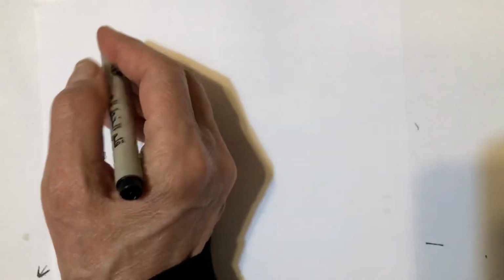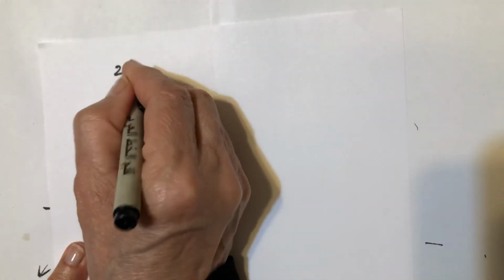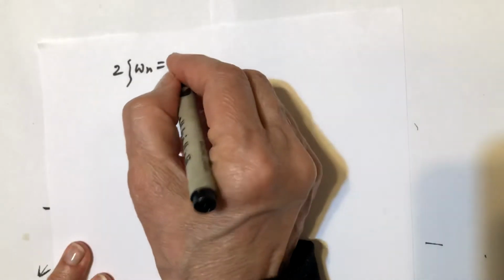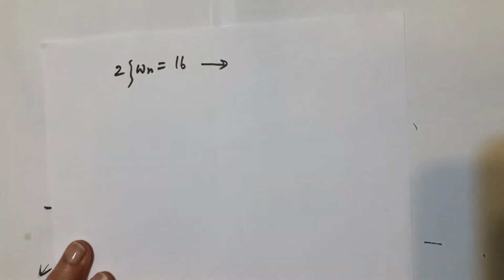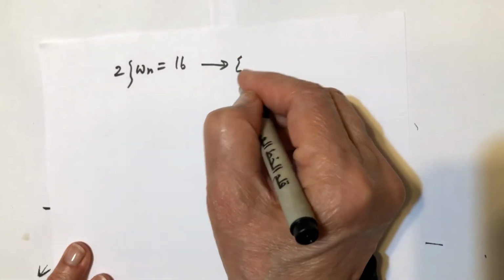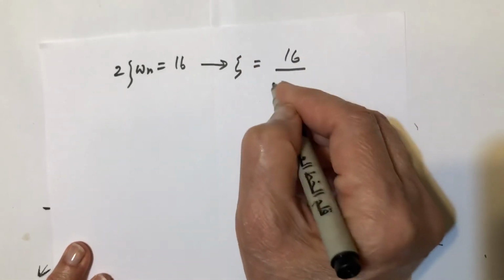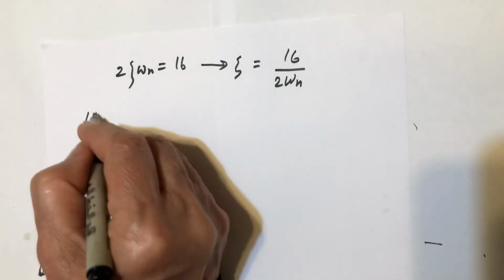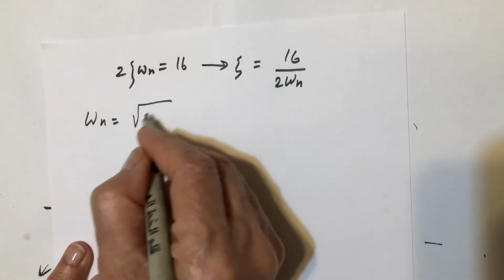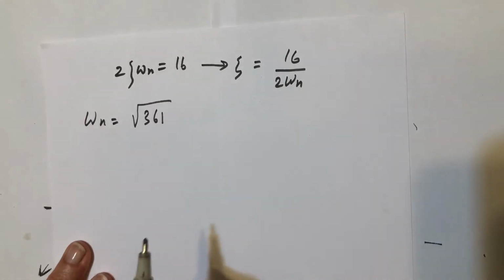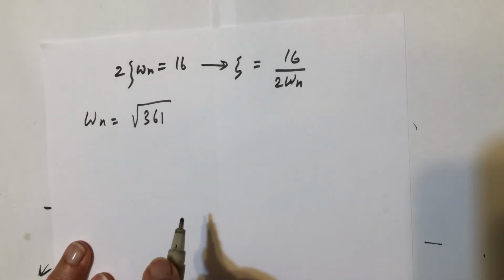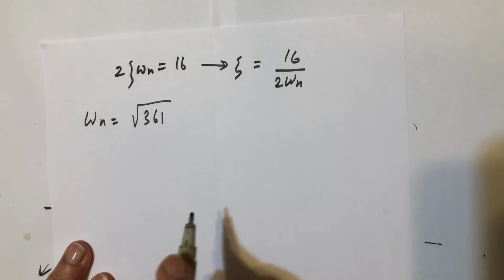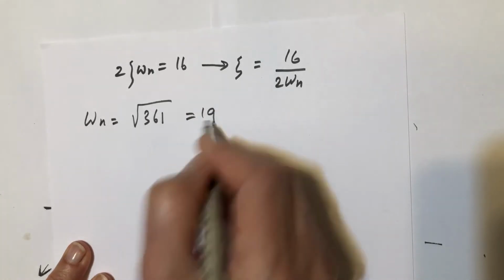So we start with 2 zeta omega n equal to 16, from the transfer function. So zeta equals 16 over 2 omega n. Of course omega n equals the square root of 361. This is equal to 19.